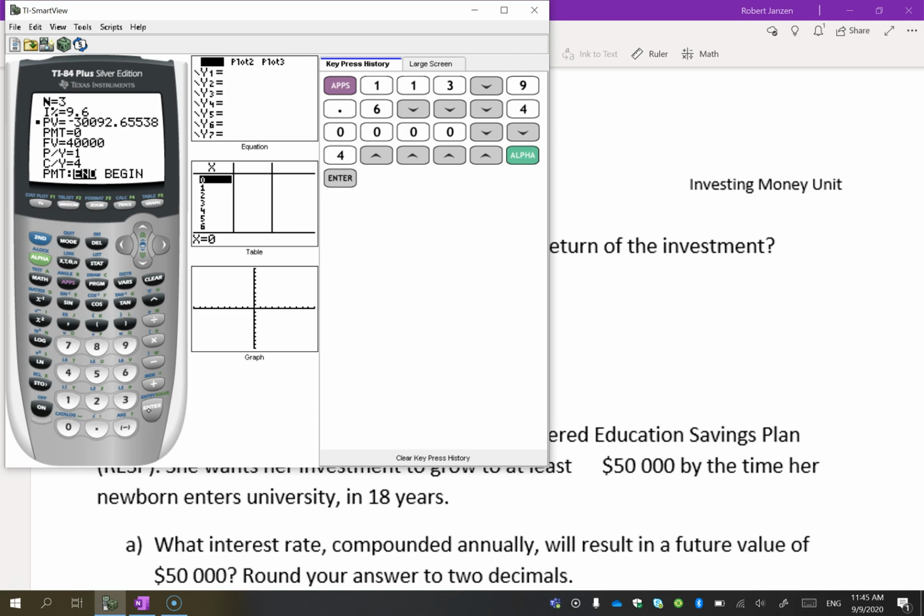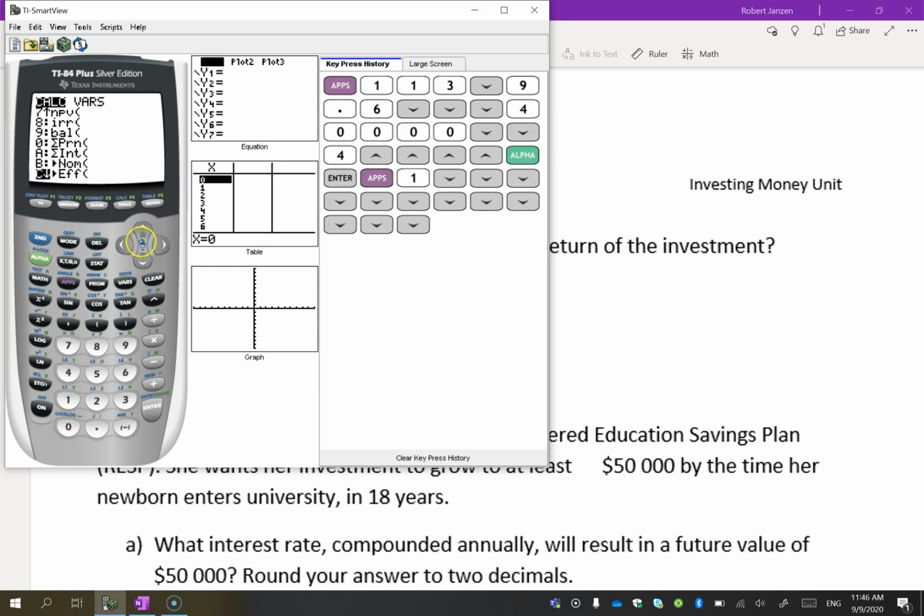So while the information is on the calculator, it has to be there. I'm going to go back and leave all the numbers there. I'm going to go back to apps. I'm going to go to finance. But instead of going to TVM solver, I'm going to scroll down here a little bit. All right, and I see this symbol.